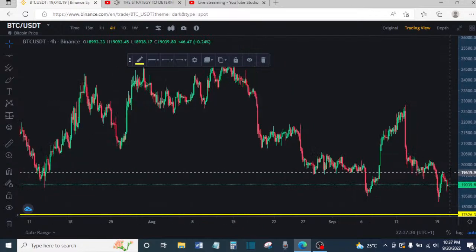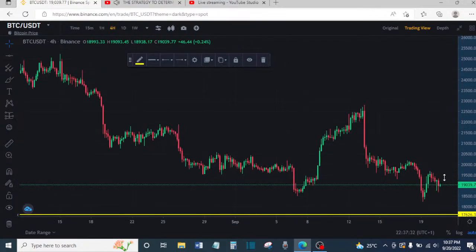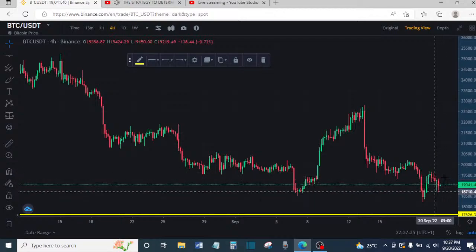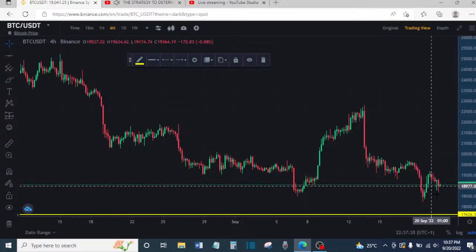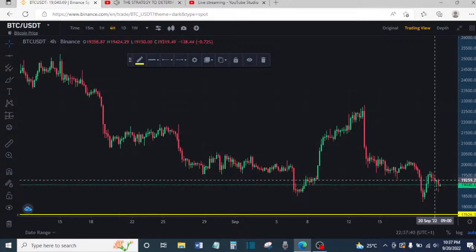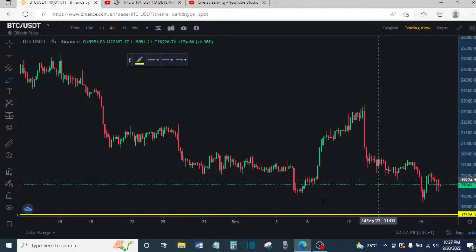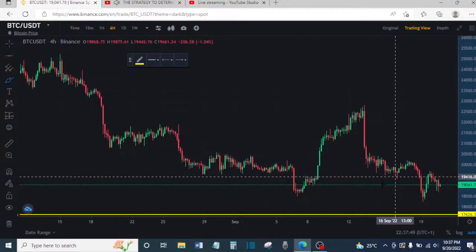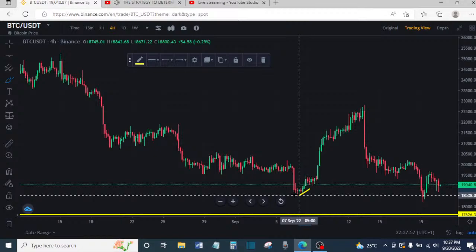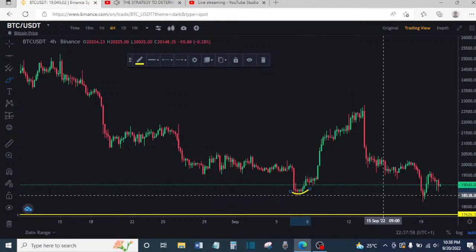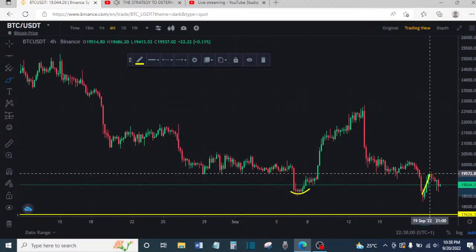So based on the 4 hours chart here, this area is showing us to be a good time to buy, because we had a clearance here, we had this clearance of these stops. I feel that the clearing of the stops here made us to have this rebound.